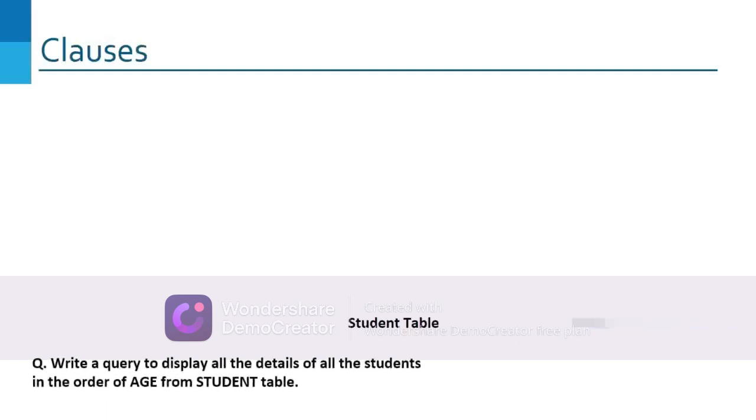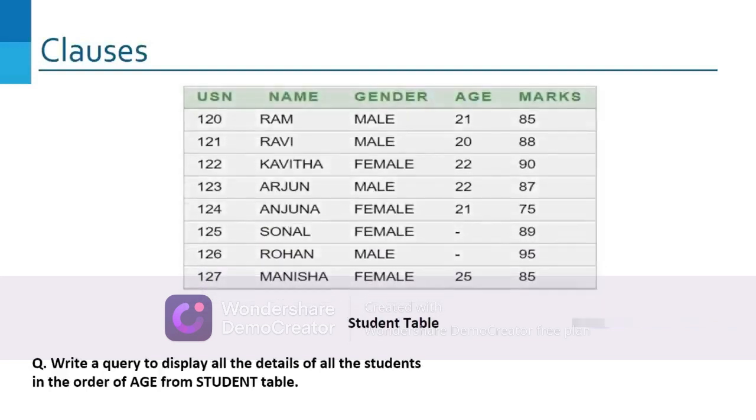Write a query to display all the details of all the students in the order of age from the student table. Now, if you look here, this question is a little bit unique compared to all the other examples which we have seen till now. The question is to display all the details of the students in the order of age.